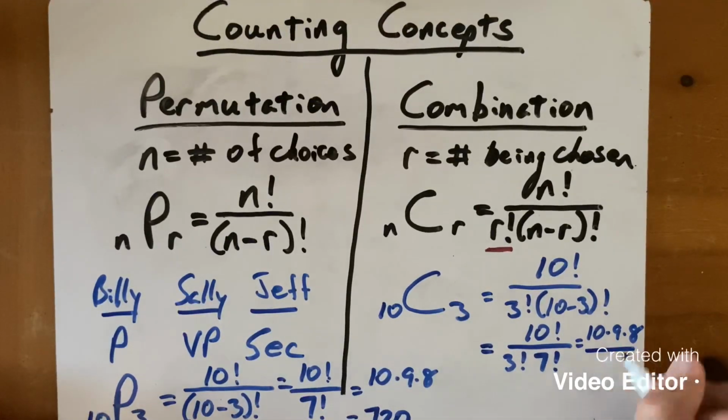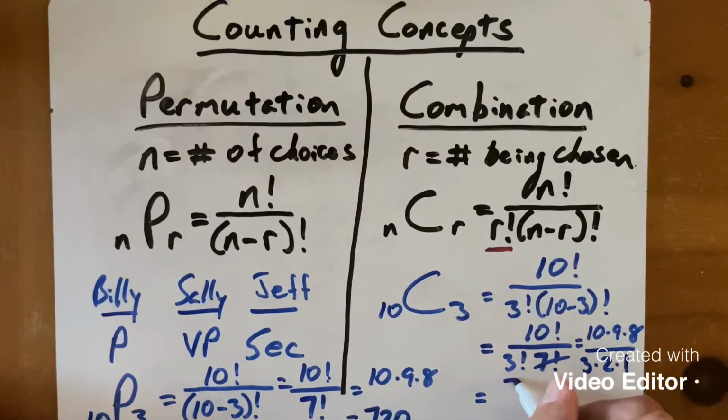And then on the bottom, the 7 factorial is going to cancel, but I still have the 3, 2, 1 on the bottom. So then I go ahead and multiply that out. I've got 720 on top, and then I've got 3 times 2 times 1 on the bottom, which is 6. So 720 divided by 6. So now my total possible groupings of 3 would be 120.